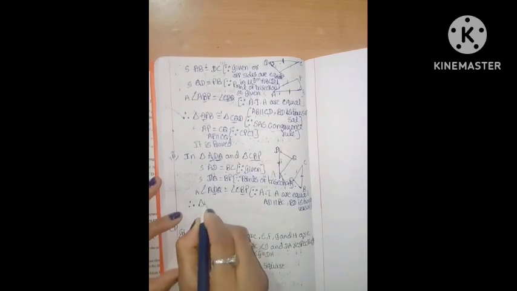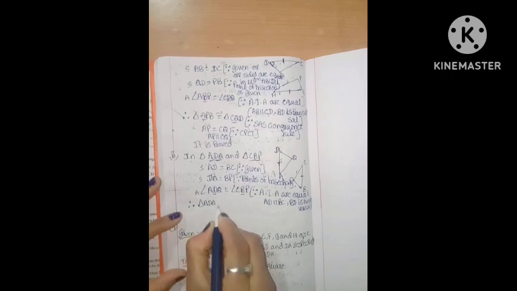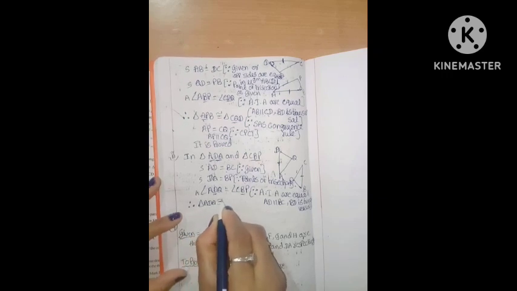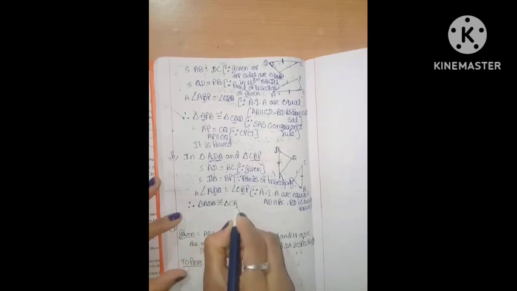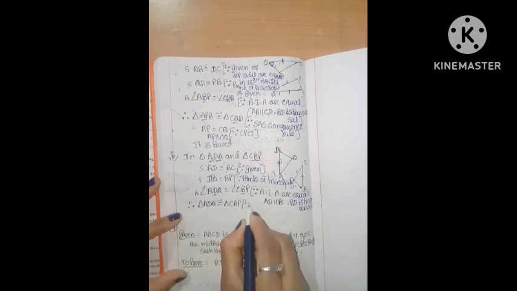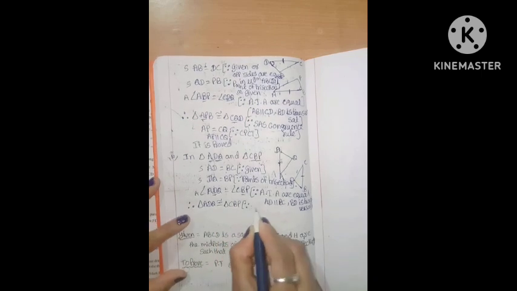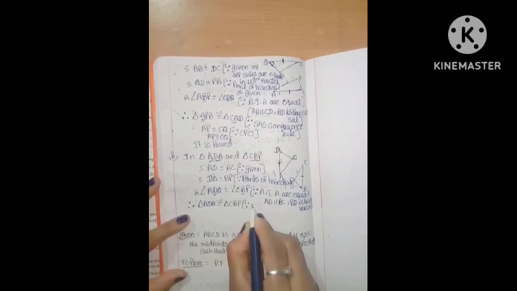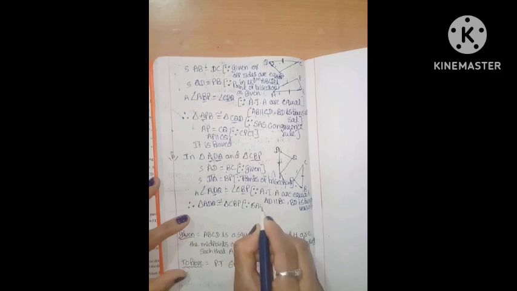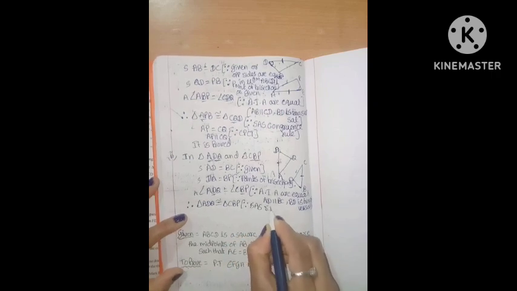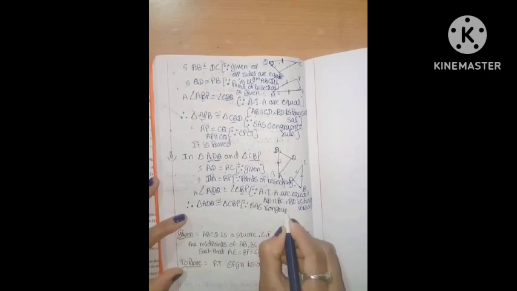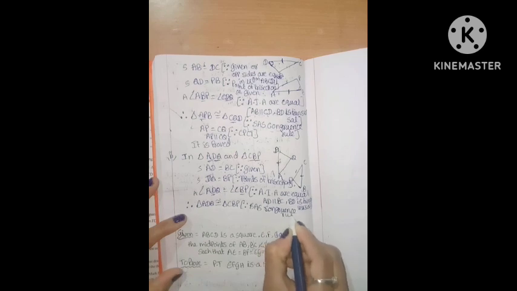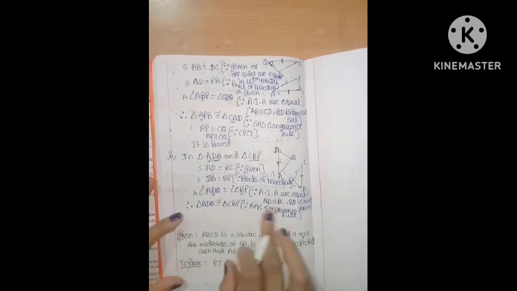Therefore, triangle ADQ is congruent to triangle CBP. Why is it equal? From the SAS congruence rule, these two are congruent.